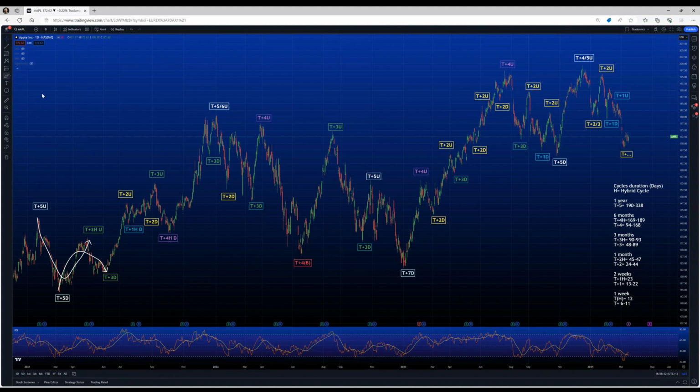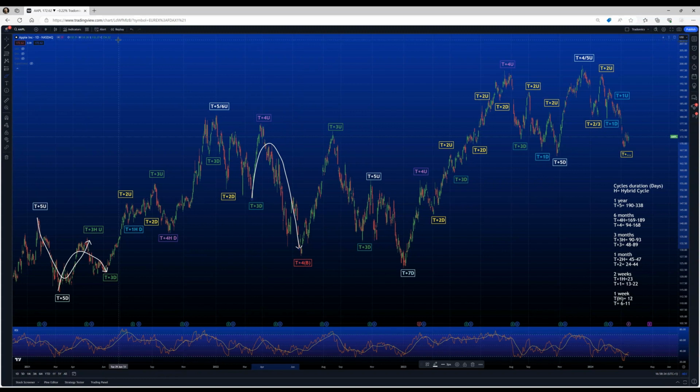Another case is this one, where we had a downward cycle that ended at a price that was lower compared to the price from which it started. Therefore, this is a downward negative cycle.